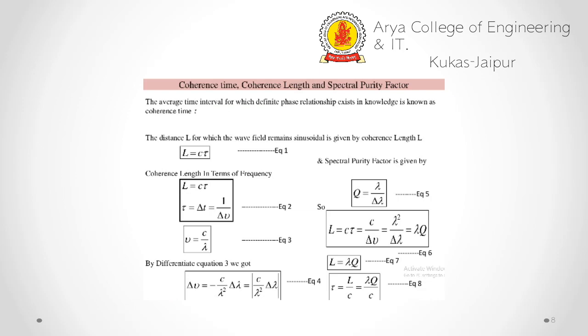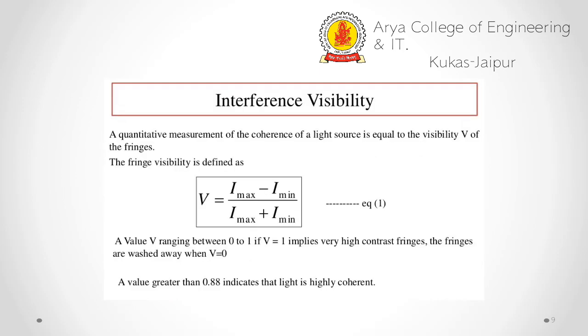Therefore, L can be written in terms of spectral purity factor as L is equal to λQ, equation number 7. Here, coherence time tau can also be written in terms of spectral purity factor as tau is equal to λQ upon c, as given in equation number 8.